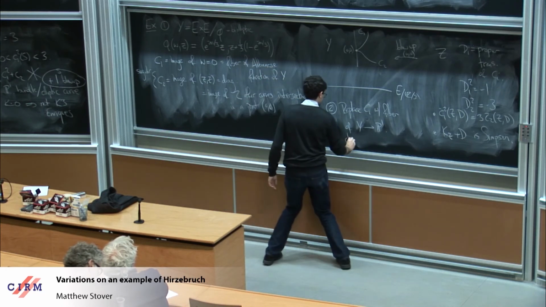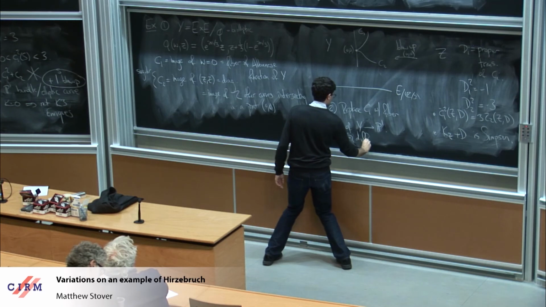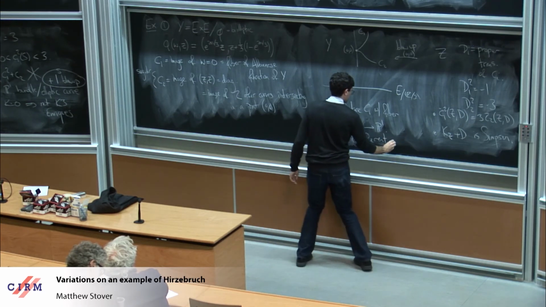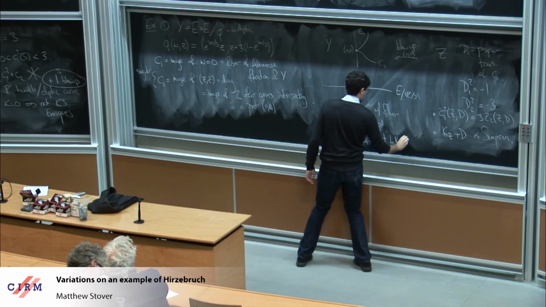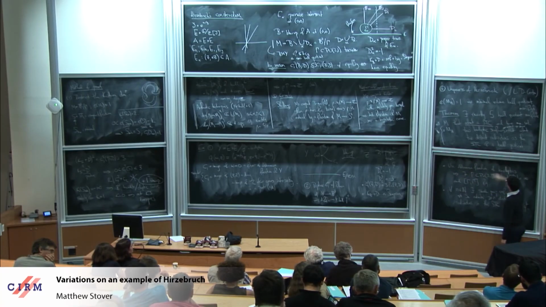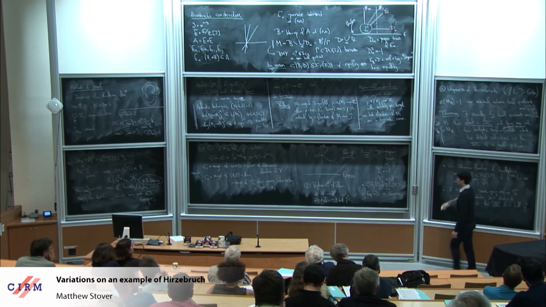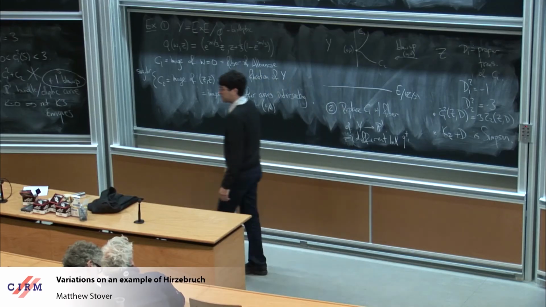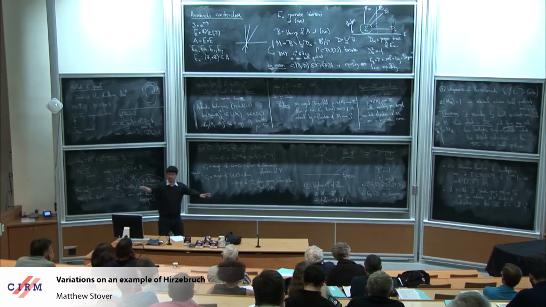You get a new one. So that's 2 of the examples in this theorem. And you see that one surface actually gives 2 distinct ball quotients. And that's it.